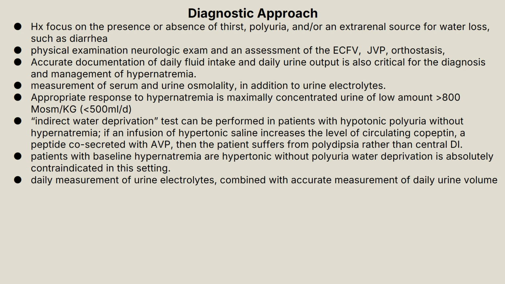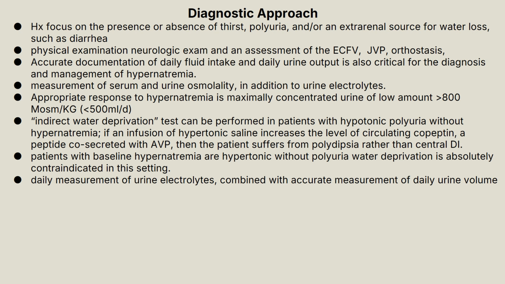Indirect water deprivation test. This test can be performed in patients with hypotonic polyuria without hypernatremia. And so, if an infusion of hypertonic saline increases the level of circulating copeptin, which is a peptide that is co-secreted with AVP, then the patient suffers from polydipsia rather than central diabetes insipidus.